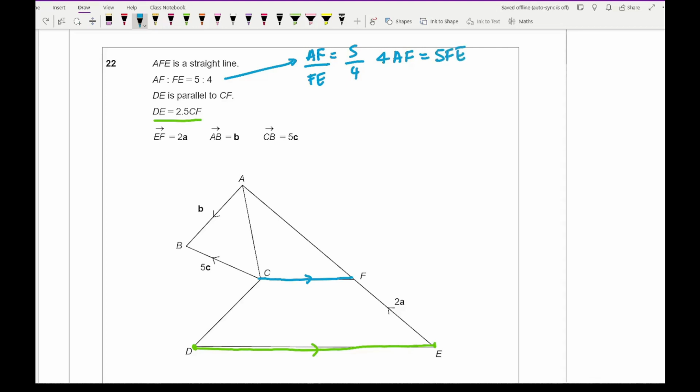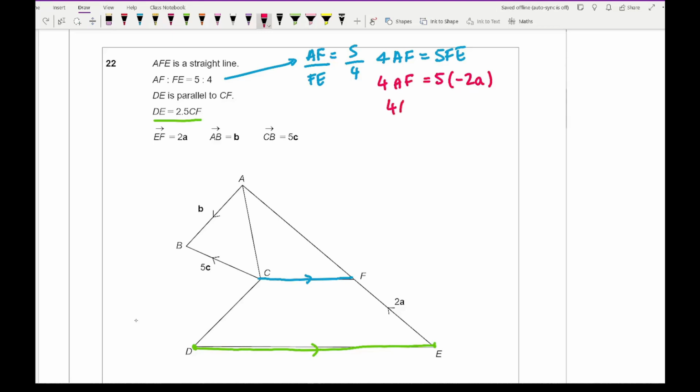Now, in terms of F to E, we know that F to E is 2a. So we know that 5 lots of 2a equals, and it's going to be minus, sorry, so let me just change that to minus 2a, because we're going in that direction, so that's going to equal 4 lots of A to F.